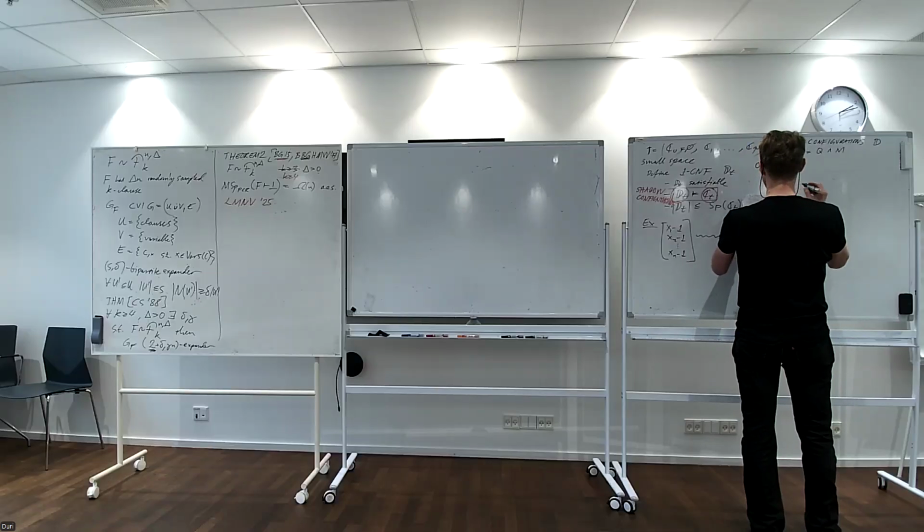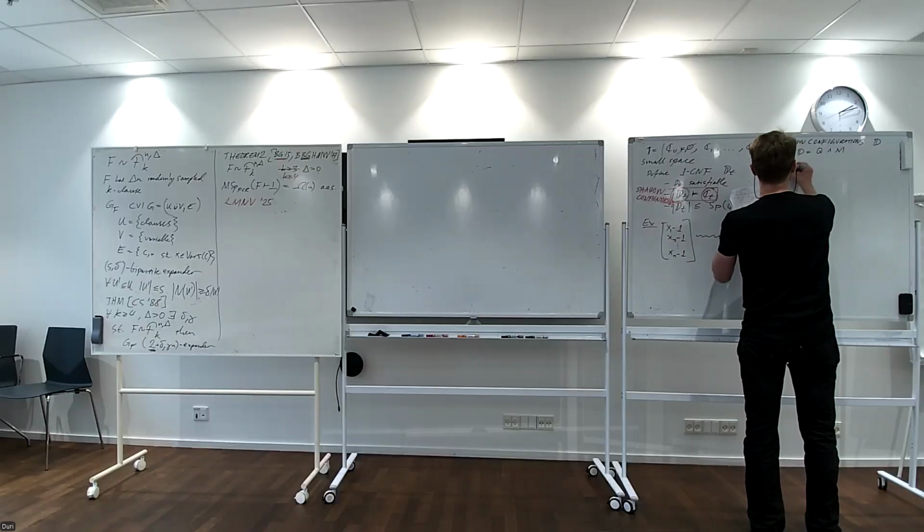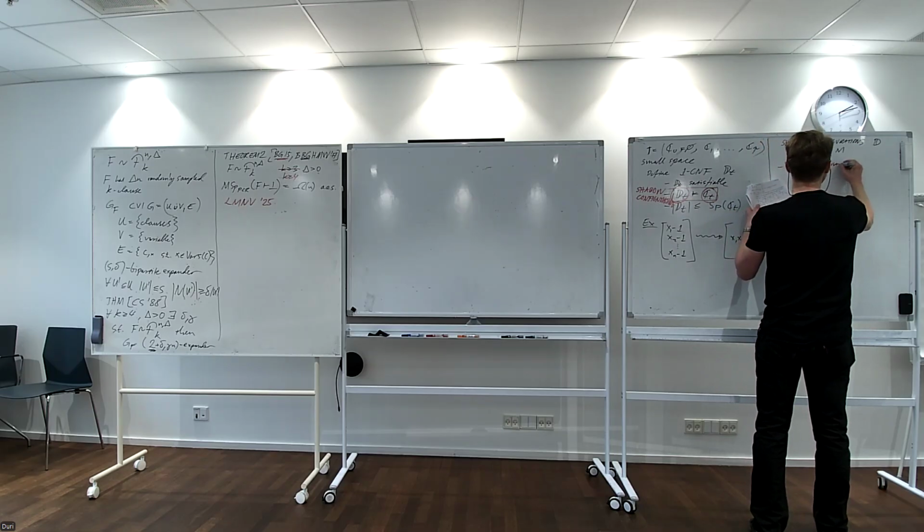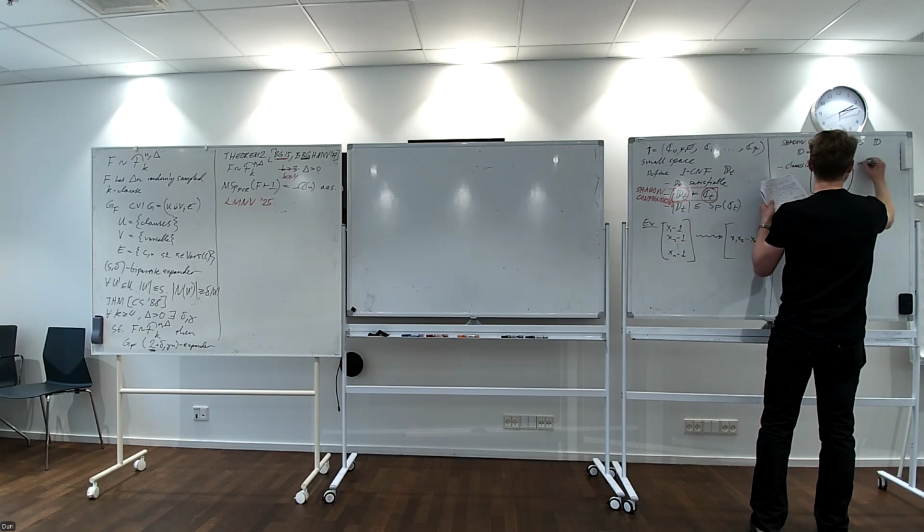And we have the following. So we have that the clauses in Q are over distinct variables. So pairwise distinct. There is no sharing.